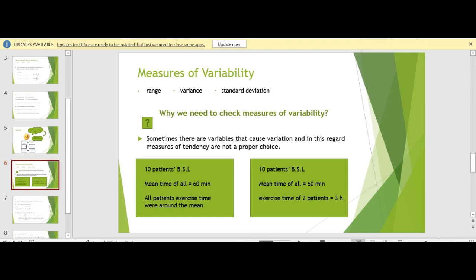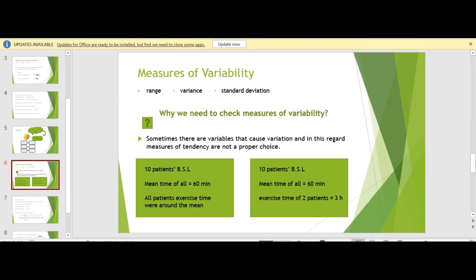Maybe some of you say that maybe they have unhealthy habits, and due to that, their diets contain lots of sugar and fat, and also inactivity may be a factor, or maybe it's because of the family history, or maybe just age is the reason. So as you see, these are variables that cause variation and cause the range of data.